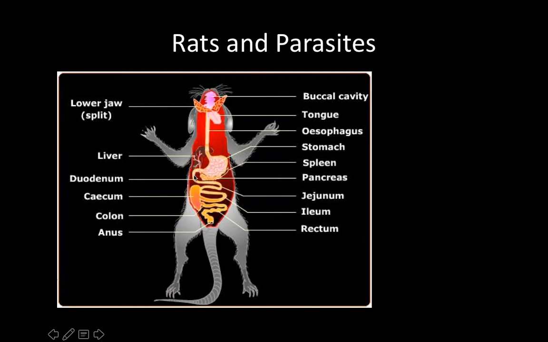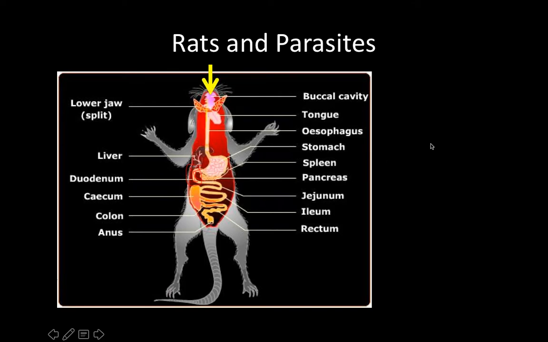So if you're a parasite, the best place to live is in this upper part of the intestine that I'm highlighting right here, because there's the greatest amount of food there. As you get further down into the intestine and into the large intestine, the nutrients have been absorbed by the rat's own intestines, and there's a lot less food. So the best environment, if you are a parasite, is going to be right past the stomach in the small intestine.